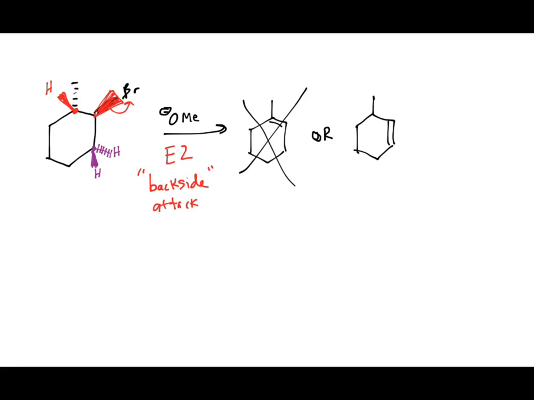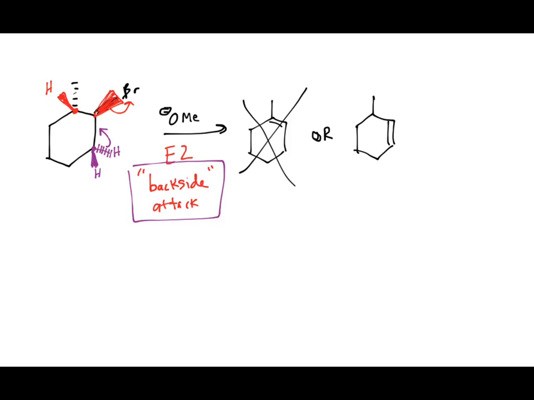So when we go through and look at our elimination now, because it's an E2 elimination and because I must do the backside attack, the hydrogen must be removed from the back side. Which hydrogen is on the back side of that leaving group leaving? Our purple dashed.